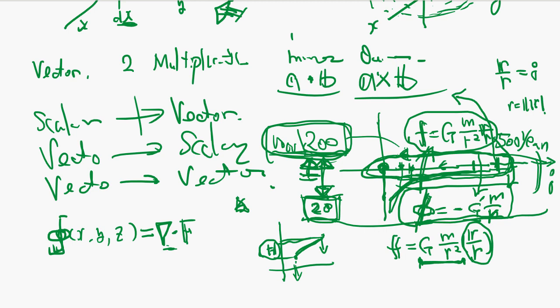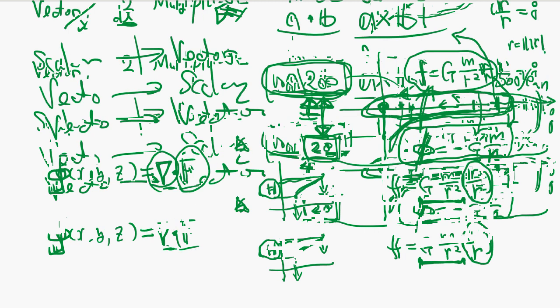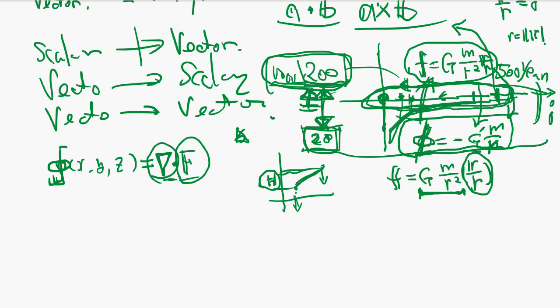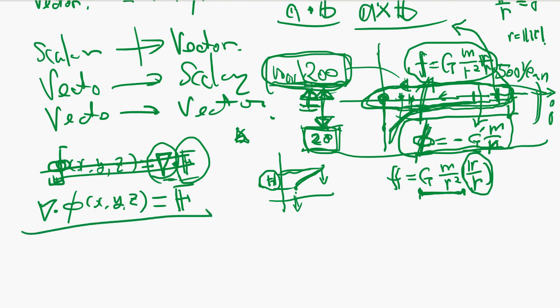Okay, so nabla force. This means you have force, and this is wrong. I'm sorry. This is opposite. This is integrate. So you have to integrate potential energy to get vector force. Sorry about that. Okay.